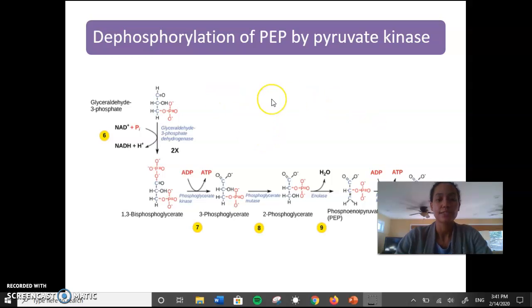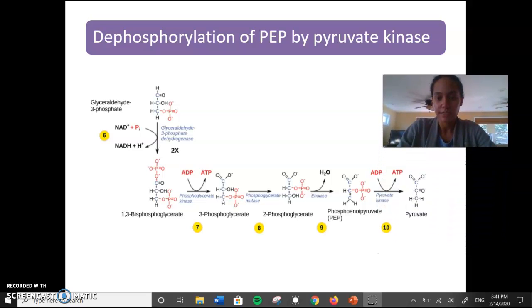Another place that we see the gain of 2 ATP is in the dephosphorylation of PEP, or phosphoenolpyruvate. The enzyme responsible here is pyruvate kinase, and we can see this occur in step 10.